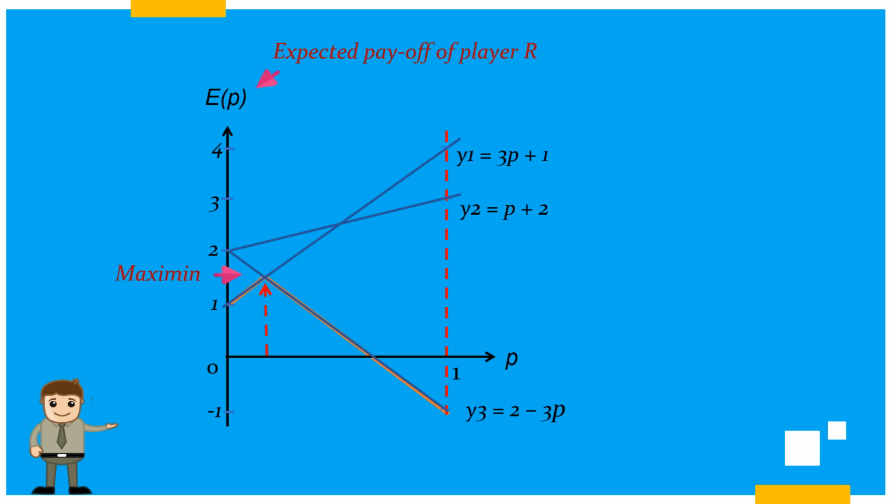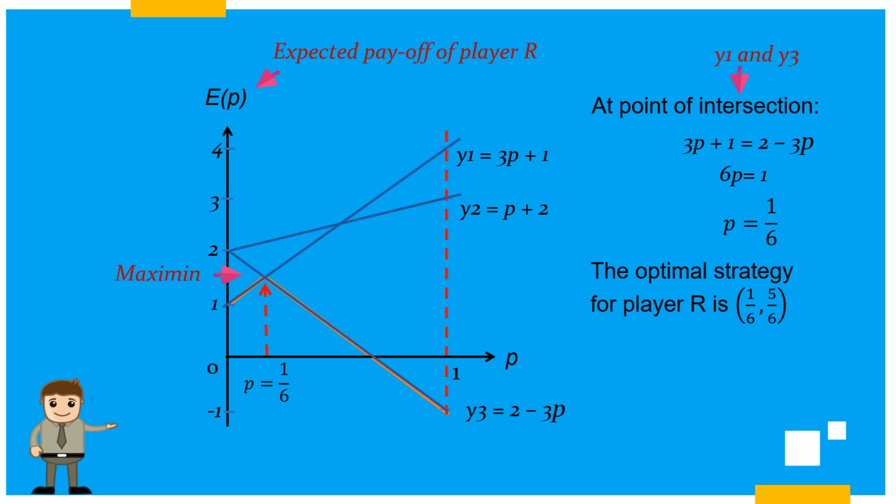So at point of intersection, 3p plus 1 is the same as 2 minus 3p, evaluating p is 1 over 6. Thus, the optimal strategy for player R is 1 over 6 and 5 over 6. Note that the graph is not necessarily drawn on a piece of graph paper.